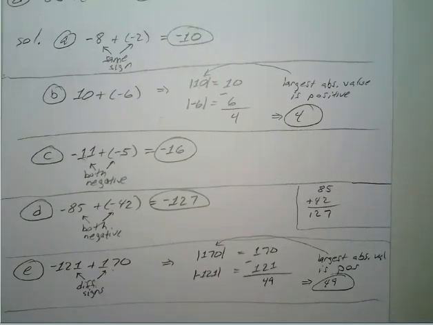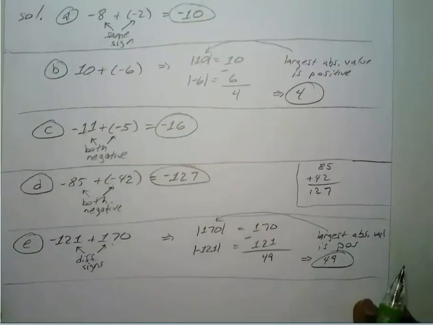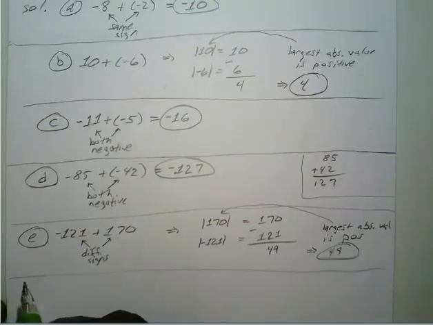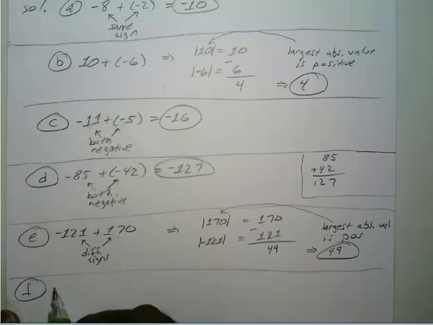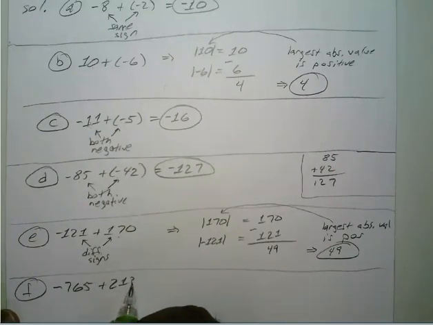Okay, so hopefully you're starting to see the pattern. For problem F, we have negative 765 plus 213.